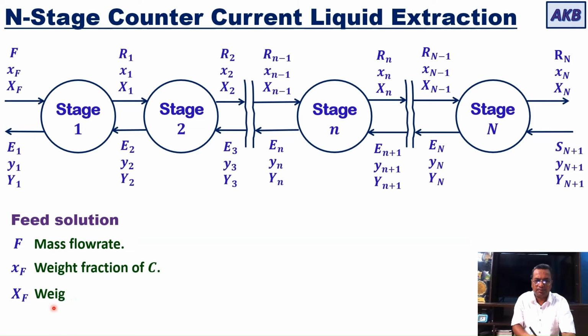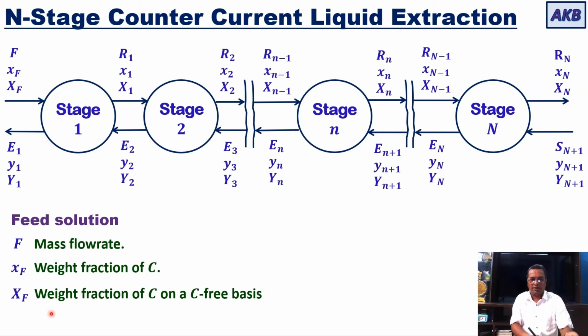Capital XF represents weight fraction of C on a C-free basis. So this is another way of representing composition of C. I have discussed this type of composition in my earlier videos. I have given a link to the playlist. So yes, if you have not yet seen those videos, please watch them.